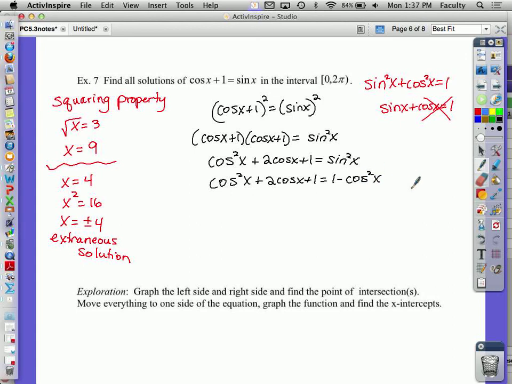Now it's all in terms of cosines. So I'm going to subtract 1 from both sides, and add a cosine squared x to both sides. So that's 2 cosine squared x plus 2 cosine x equals 0, because the 1's cancel.